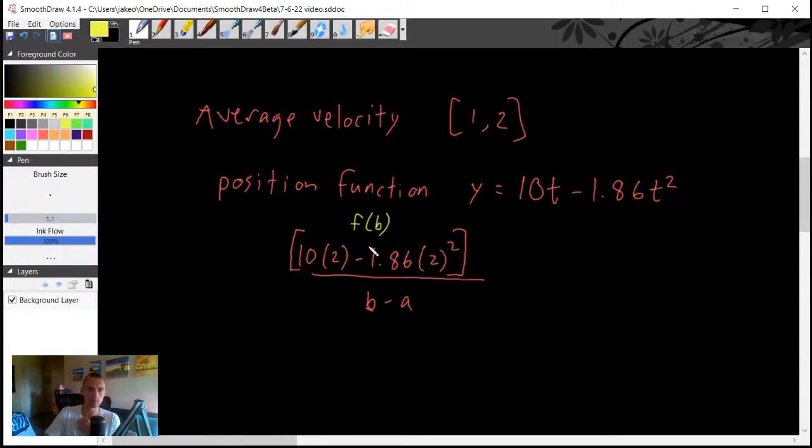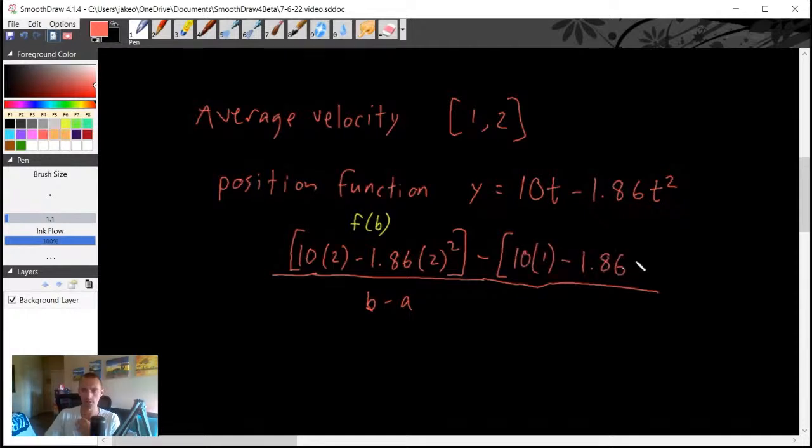Then we're going to do minus, in another set of big parentheses, f of a. So f of a is just plugging our first point into our position function: 10 times 1 minus 1.86 times 1 squared. So this is just f of a.